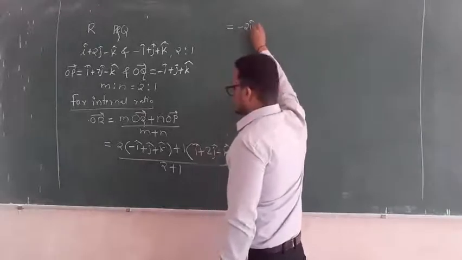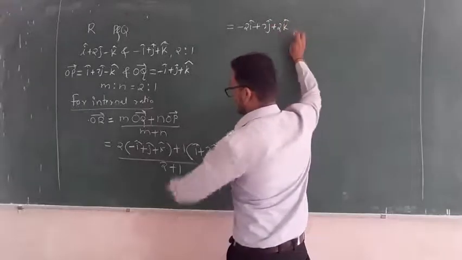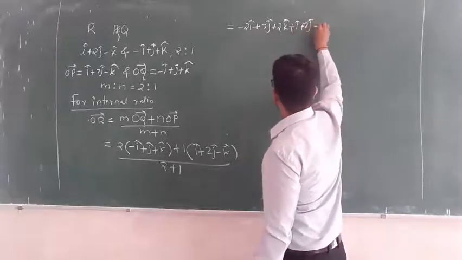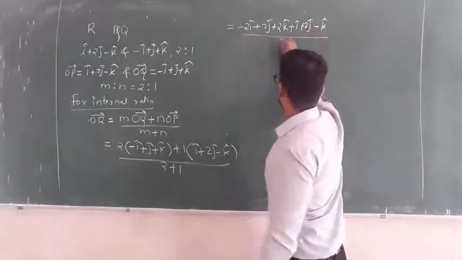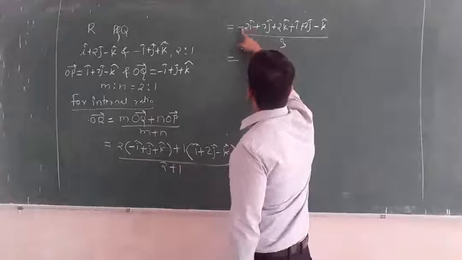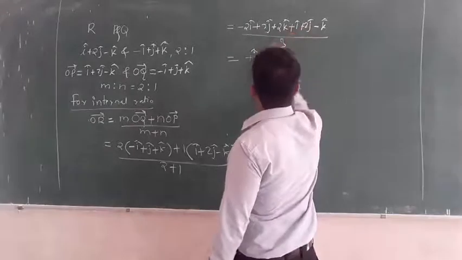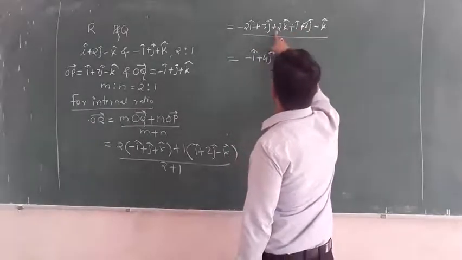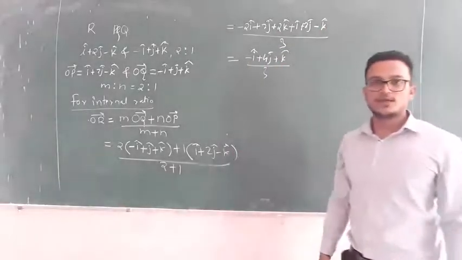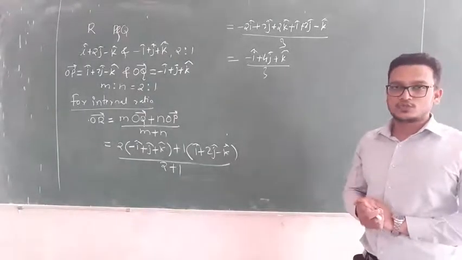Minus 2i plus 2j plus 2k. Plus 1 into this as it is, that is i plus 2j minus k, divided by 2 plus 1 is 3. So which is equal to, now here minus 2i plus 1i, how much? Minus 1i, plus 2j plus 4j, plus 2k minus k, plus k, and divided by 3. So this is the answer for internal ratio.